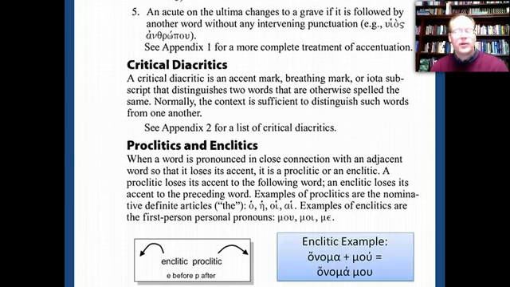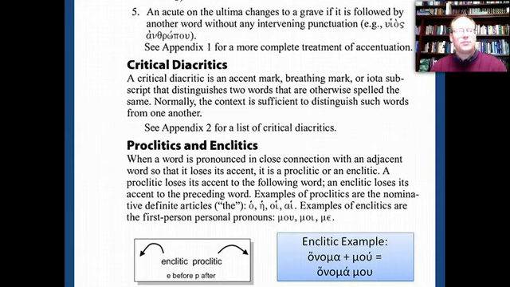An example of an enclitic is the pronoun mu, which means my. So the word name, onoma, when followed by mu, is pronounced onomamu.